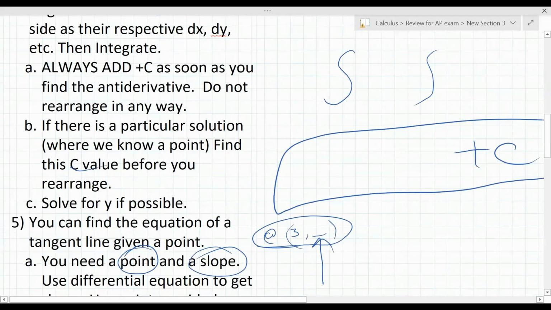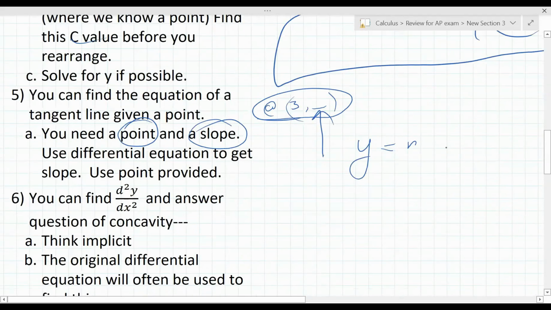I have the differential equation back here, so I just need to substitute that in and then get that slope. And then we could use something like point slope and say m times x minus x1 plus y1 and get our answer.